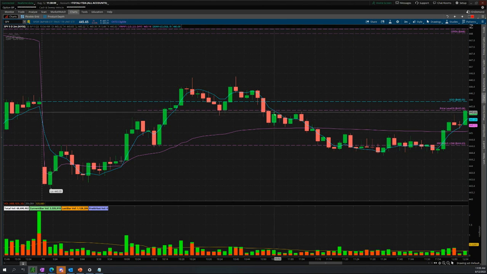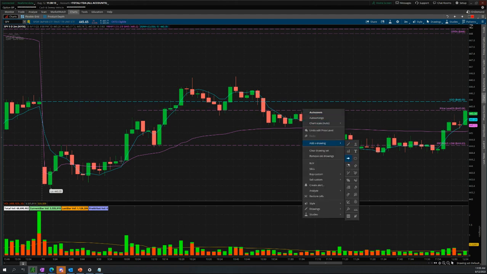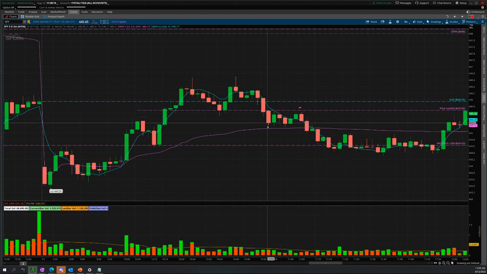That could be your entry there, but I don't love those setups. I prefer to take it when it comes back a little later and retests it. I know I'm going to be shortchanging myself. There are times when it's going to retest with one candle and then sell off, but I don't consider those my high-quality setups.